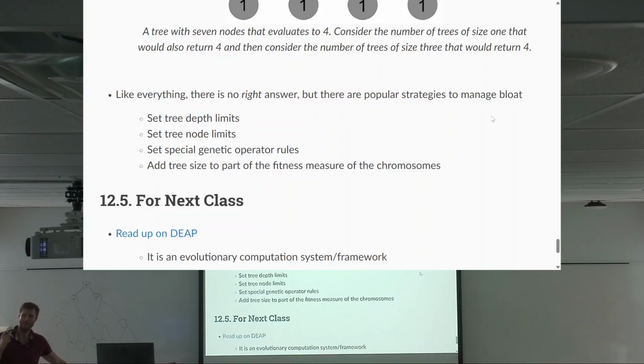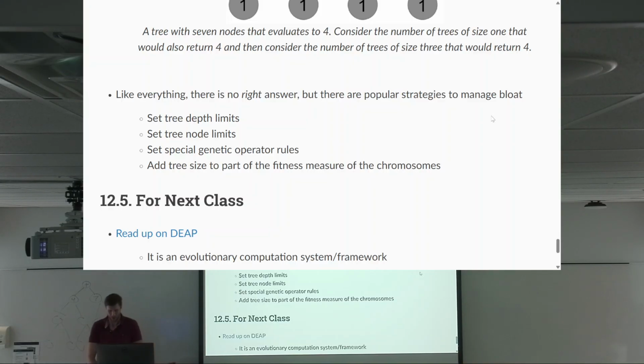So you can maybe scale your fitness such that if you have 2 expressions that are effectively equal, but one uses fewer nodes, pick that one, right? So you could add selection pressure to encourage smaller trees. And that'll work pretty well as well, which is pretty cool. Any questions about bloat? Bloat's a funny one.